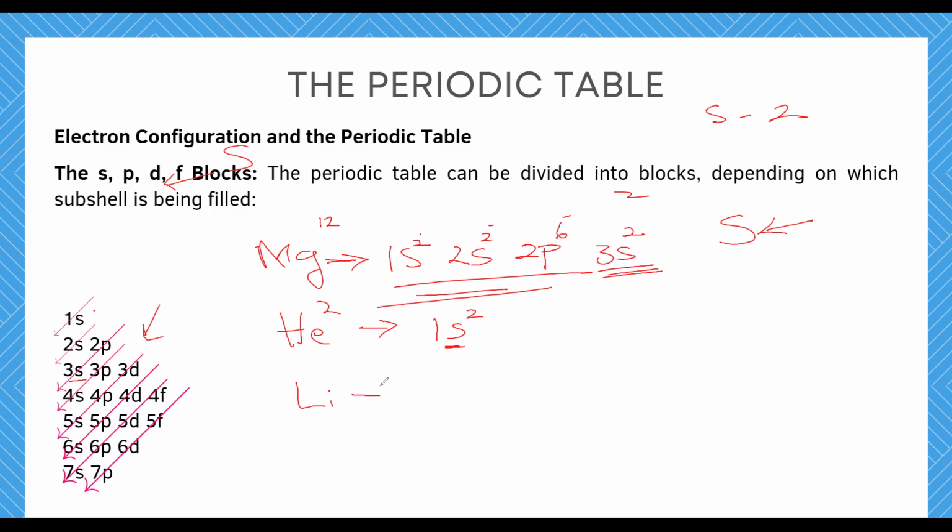And then finally we have lithium. Lithium has the atomic number of 3, which means there are 3 electrons. Is that correct? Yes, sir. Good. So I want somebody to help me out. Nifemi, give us the electronic configuration of lithium.